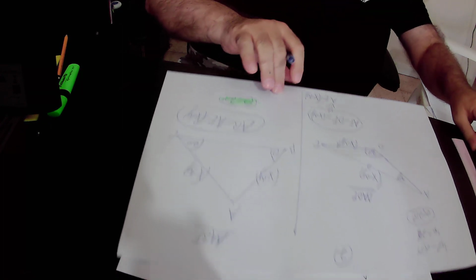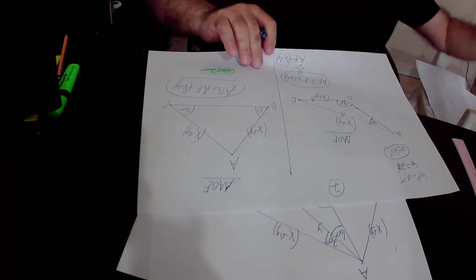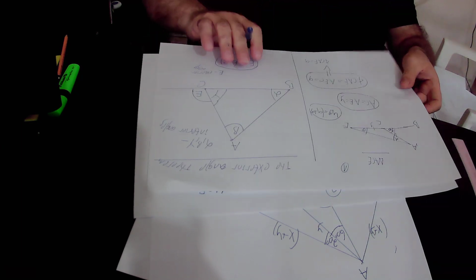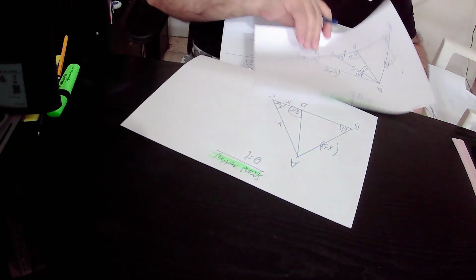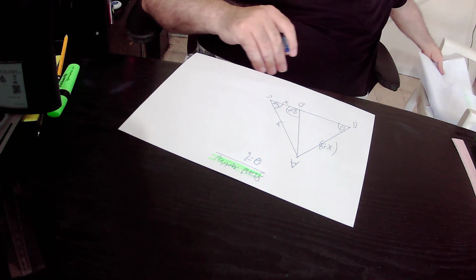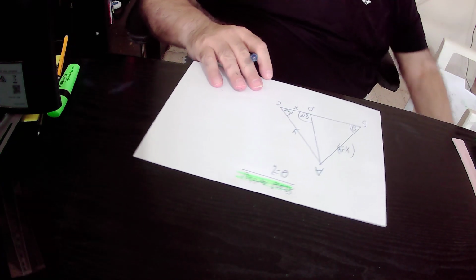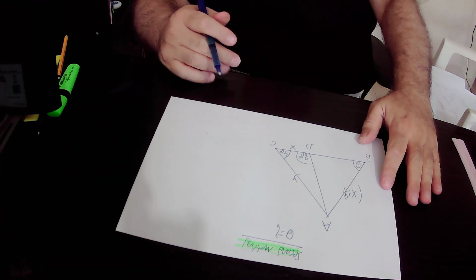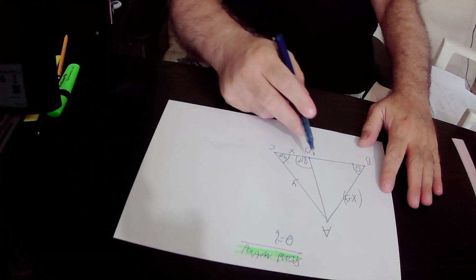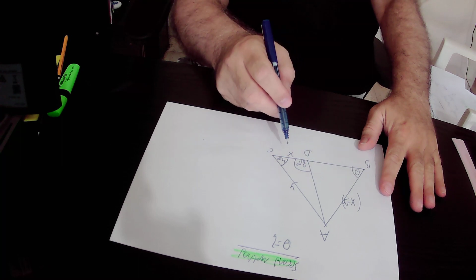We finished with the first method. In the next step, I'll present to you the second method. Here we focus on triangle ADC.